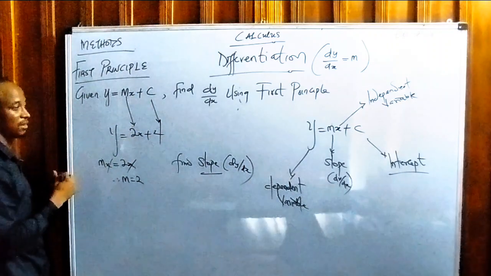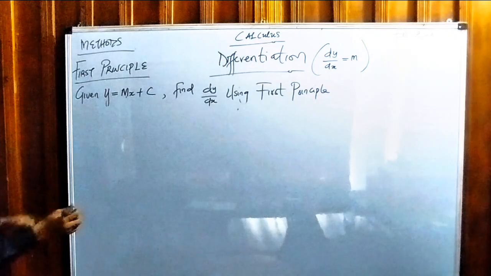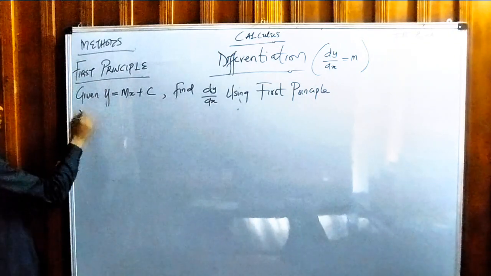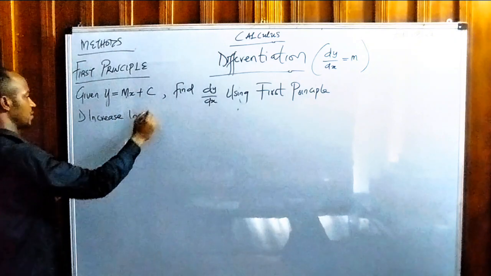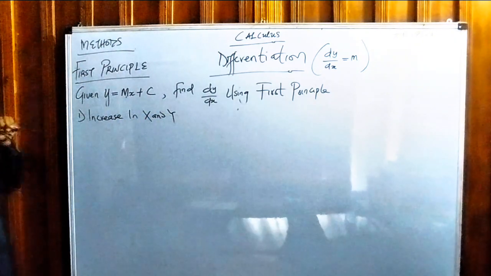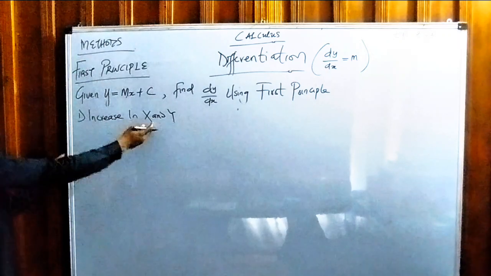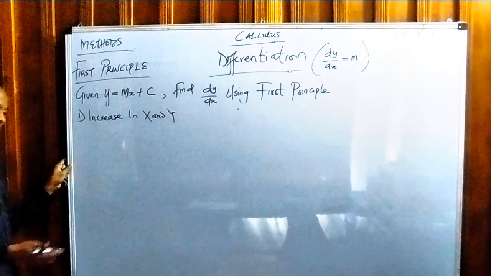All right, so let's differentiate this using first principle. The first condition says increment, or increase in x and y. We have seen that increase in x implies x plus delta x, while increase in y implies y plus delta y.